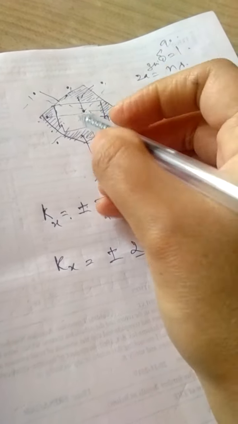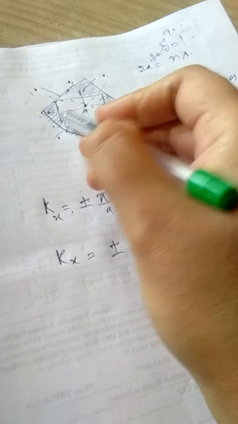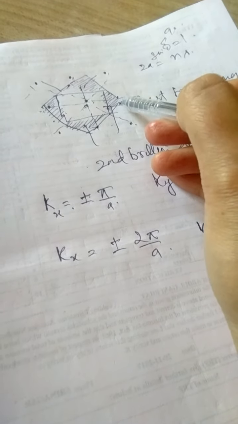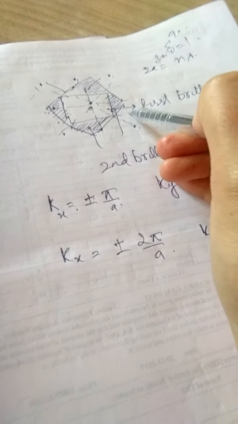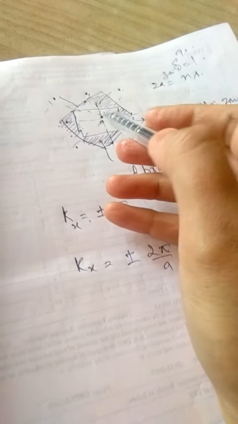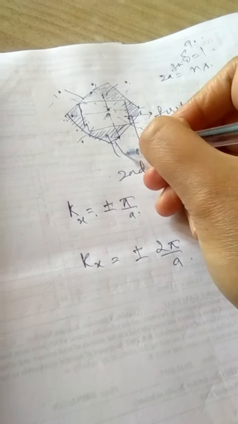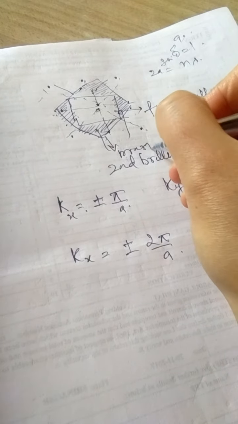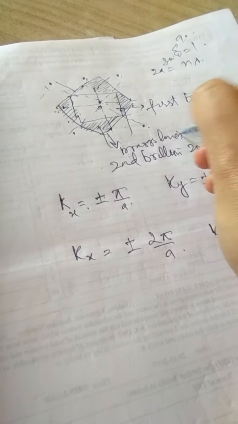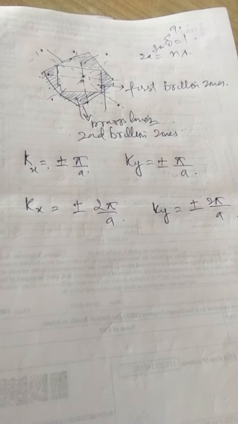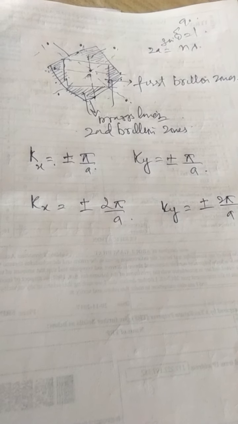So you can imagine this point as minus pi by a, this as plus pi by a, this as minus 2 pi by a, and this point as plus 2 pi by a. These regions that are enclosed by the successive lines, these lines called Bragg's lines, are called Brillouin zones. I hope that gives a very fundamental and preliminary idea of what Brillouin zones are all about.